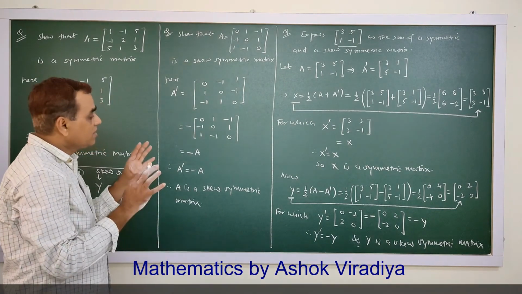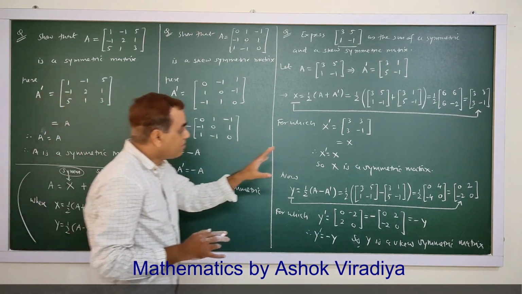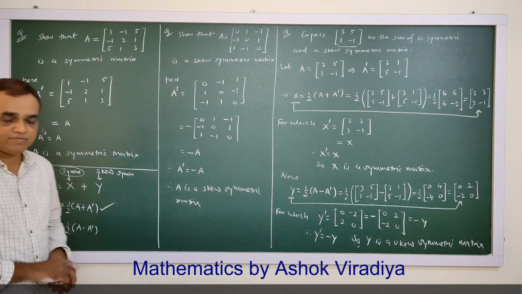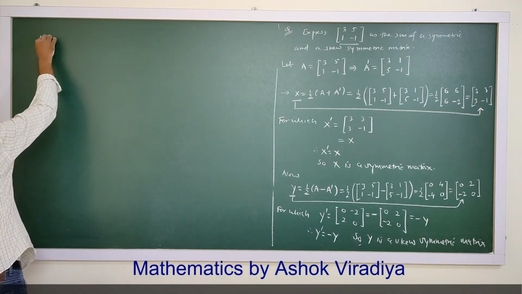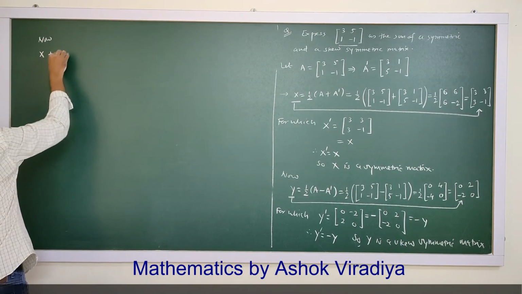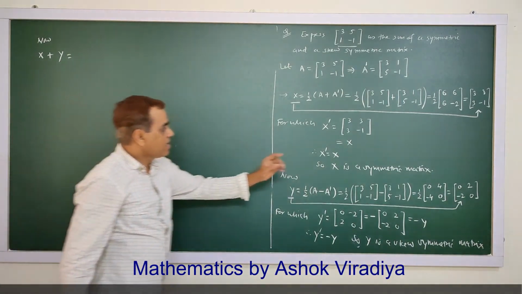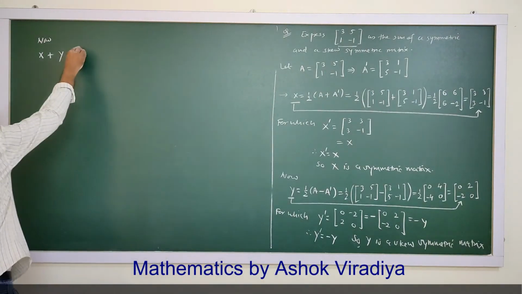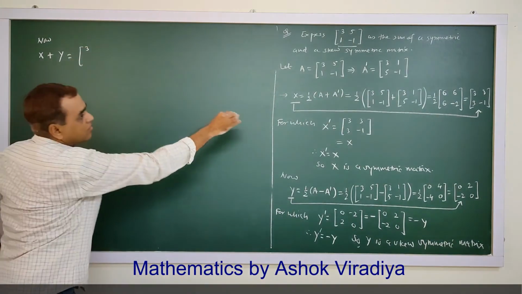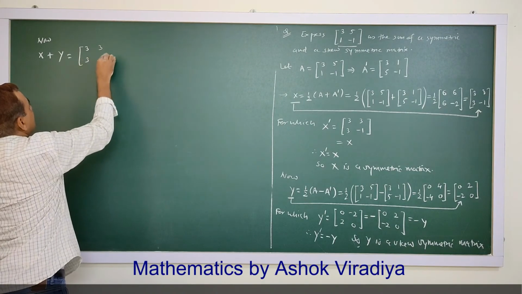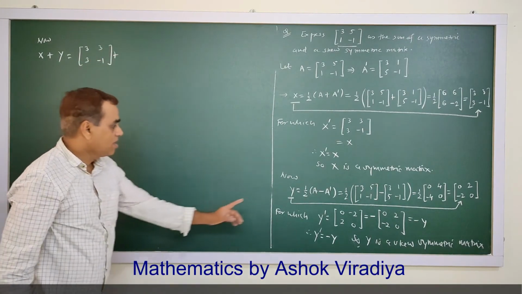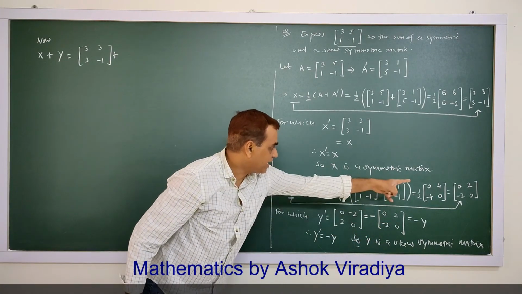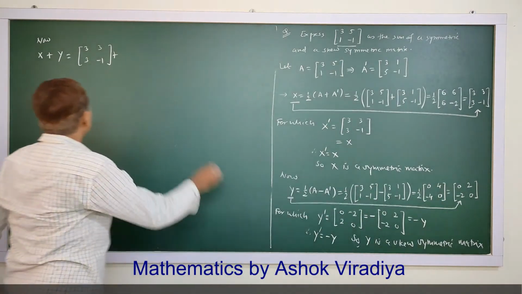Now we check the sum of X and Y. The sum of X and Y should be A. X is a symmetric matrix, [3, 3; 3, minus 1], plus Y, a skew symmetric matrix, [0, 2; minus 2, 0].